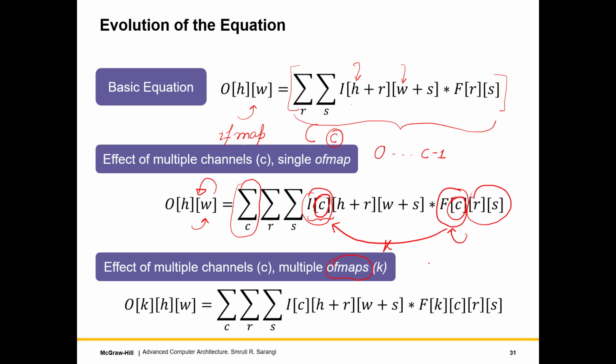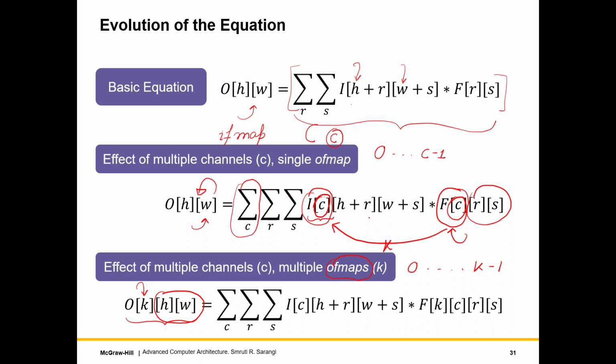You have capital K, where again the iterator small k varies from 0 to capital K minus 1. Then in this case, our convolution operation will produce the HWth pixel of the kth output feature map. Again, we don't make any change.